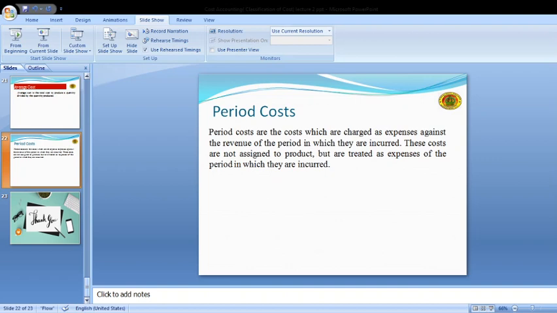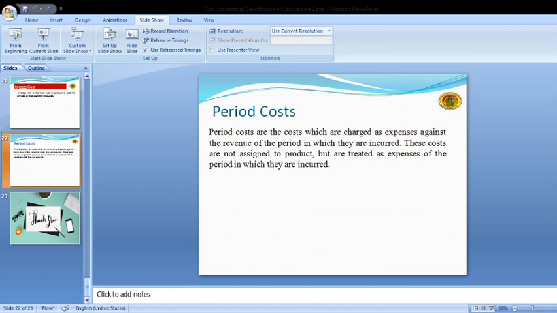As against this, there are period costs. These are more related to time. For example, rent, for example, salary. It is being incurred for a certain time, not so much for the number of units. So they are considered as period costs.